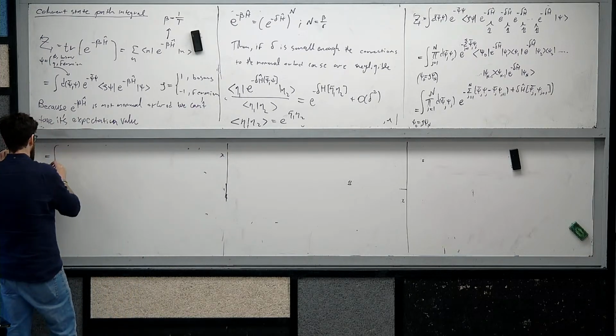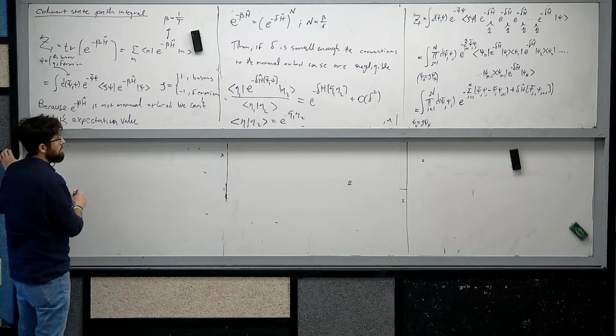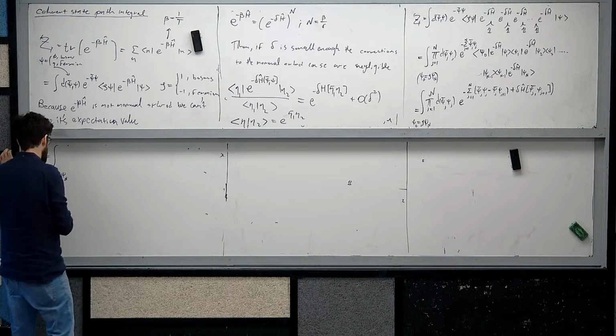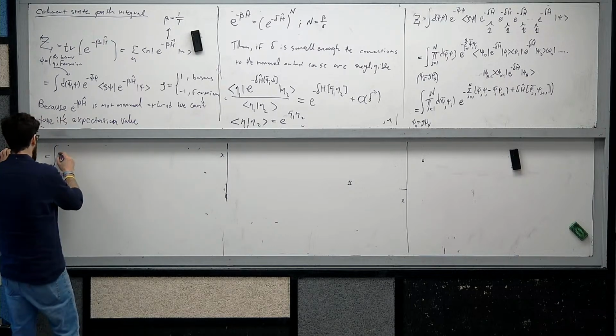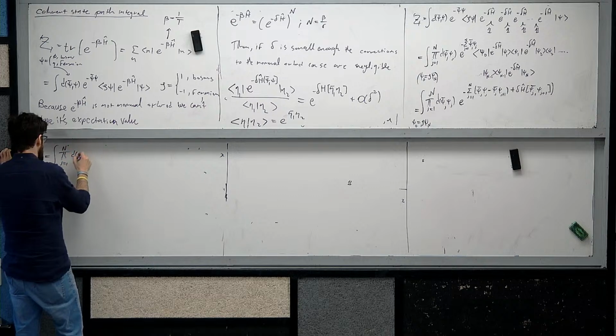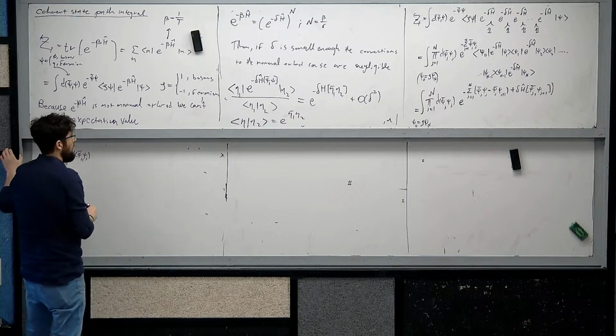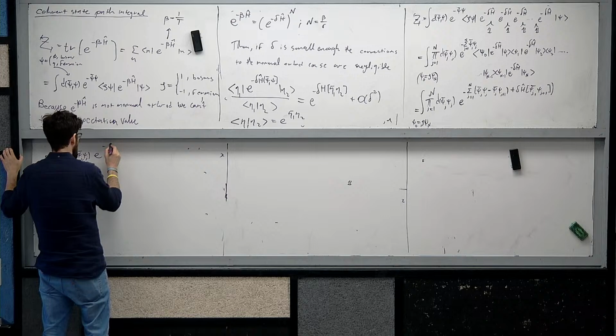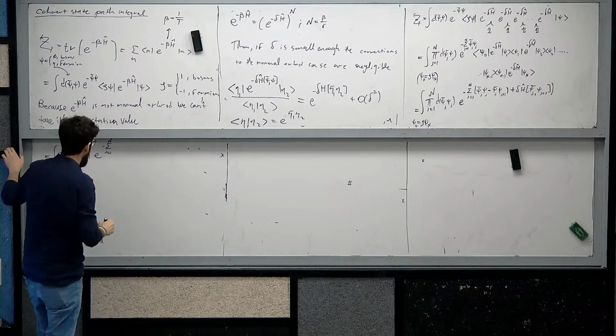I have an integral, psi 0 equals zeta psi n, product j equal 1 to n of d psi j bar. And now I'm going to write it as e to the minus sum j equal 1 to n.